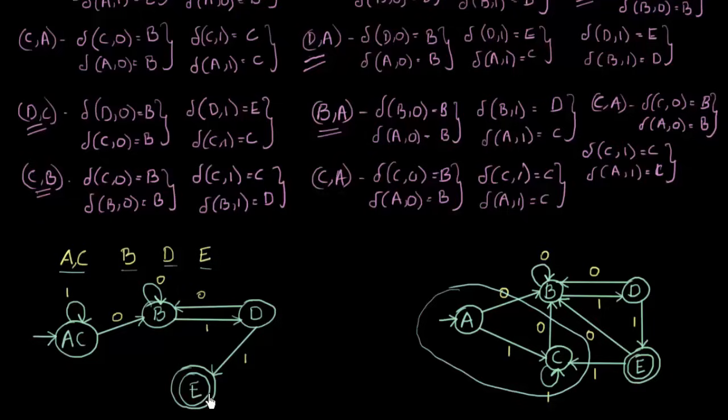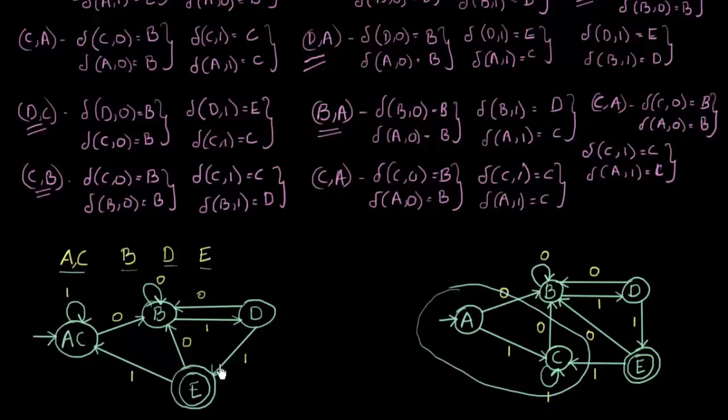State E. On getting input 0, where does E go? It goes to B. So let us send E to B on getting input 0, and on getting input 1, where does E go? E goes to C. That means it should go to AC. So on getting input 1, E goes to AC.